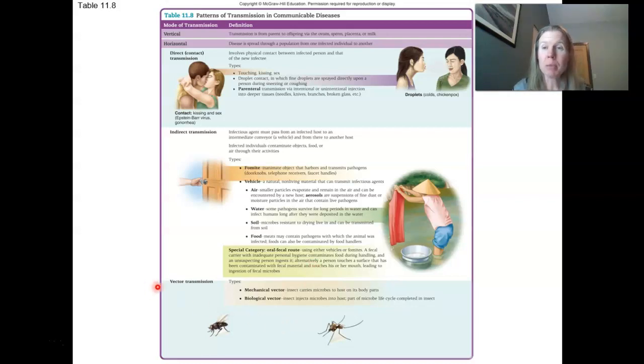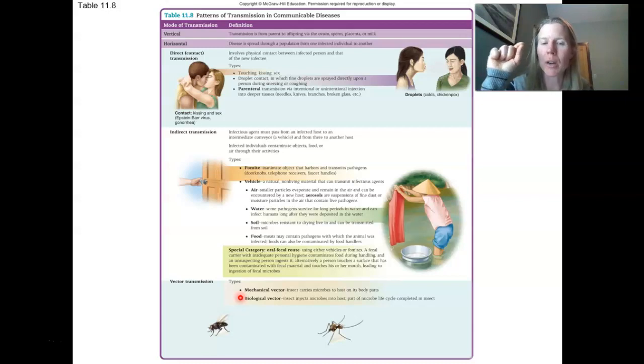Okay, vector transmission. Again, biological vectors, insects are the perfect example. A mechanical vector, insect carries the microbes to a host on its body parts. Oh, so that's different than a biological vector? So biological vector, they're saying you actually have to inject it.